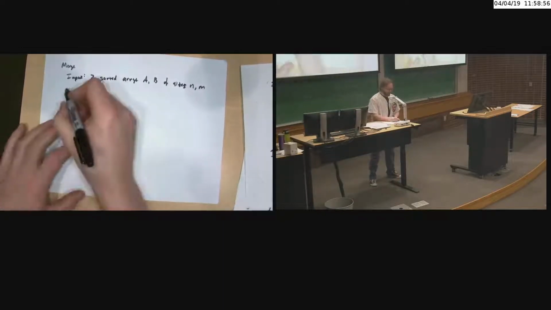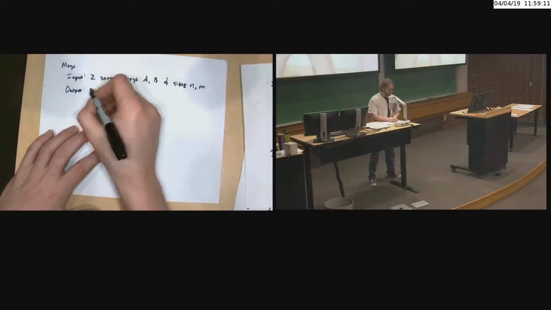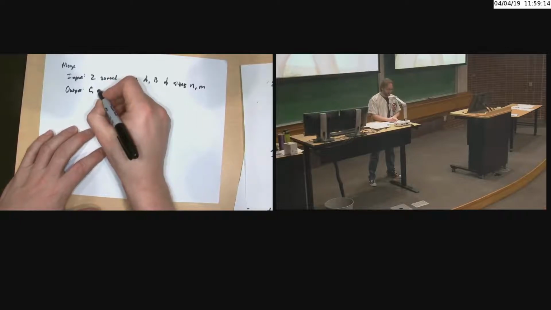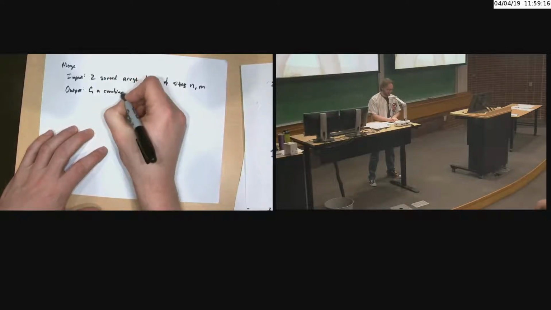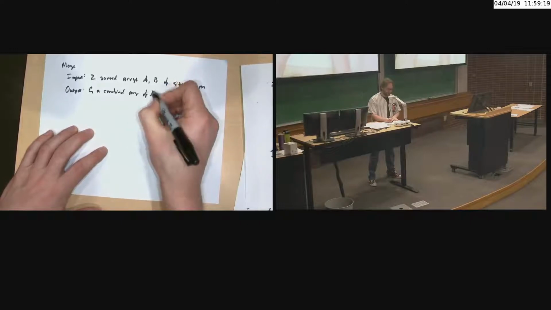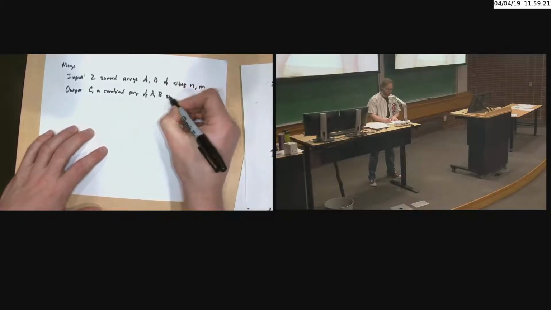And my output is going to be, and usually you want to do this inline, you don't want to create yet another array and then merge everything in that array, but for pseudocode, that's perfectly fine, our output is going to be C, a combined array of A and B sorted. I'm going to zipper them up together and produce a new array containing everything in A, everything in B, but they're all merged together so that it's still sorted.